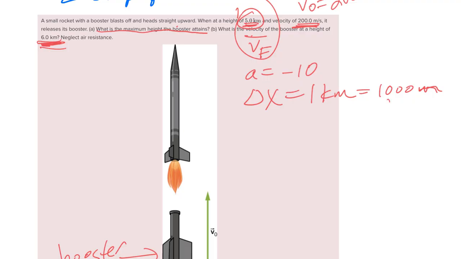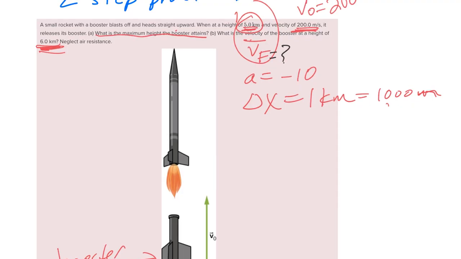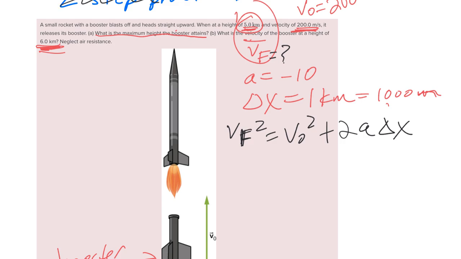Okay, so we're looking for Vf. We can always neglect air resistance. So Vf is question mark. I don't have time, so I'm going to have to use that equation, Vf squared equals Vo squared plus 2a delta x. This is not a two-step problem. I don't know why I said this is a two-step problem.